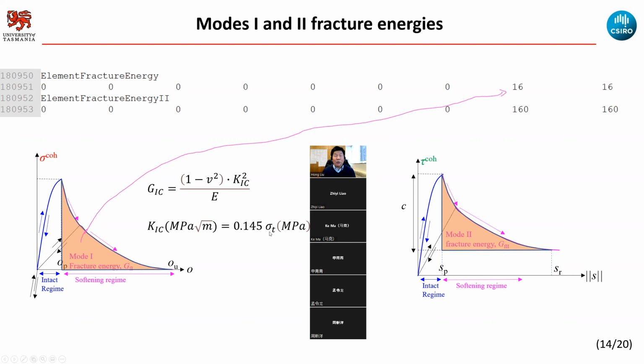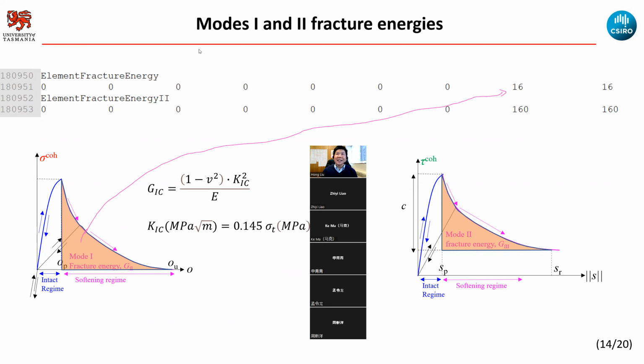Suppose for that rock you know the tension strength, then you can give this value. But for mode 2, there is no such formula available. So at this moment this input parameter you need to choose based on experience. Okay, so this is the fracture energy.